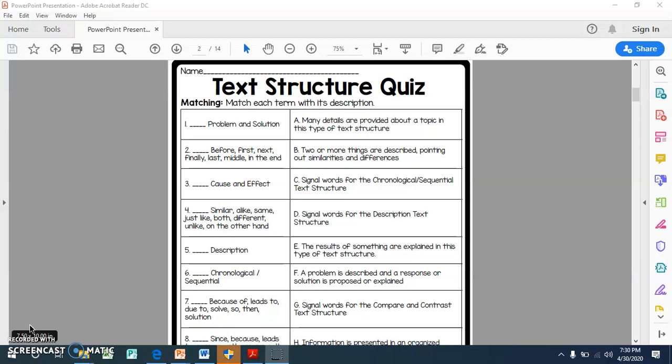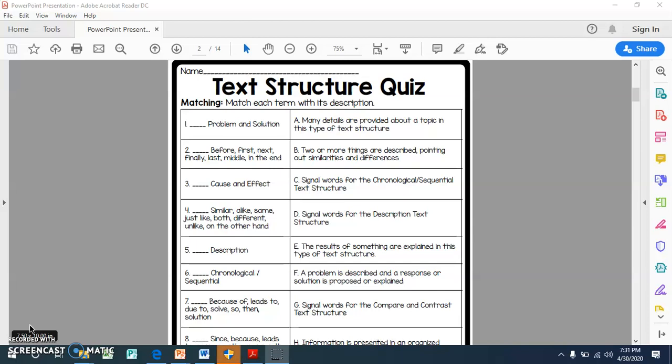We've also talked about sequence or sequential. Sometimes you hear it called chronological or even time order. So think, is this piece of writing telling me the order of events? We also have cause and effect. So is a particular piece of writing explaining why something happened?